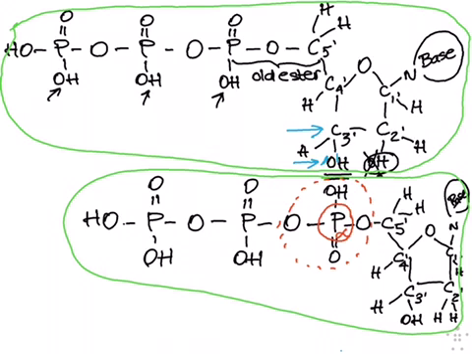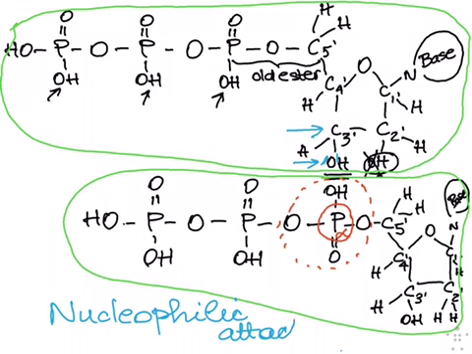This pair of electrons, I'm going to show you, there will be a nucleophilic attack, where the pair of electrons attack the alpha phosphorus atom. At the same time, a pair of electrons from this double bond, okay, they move right here.